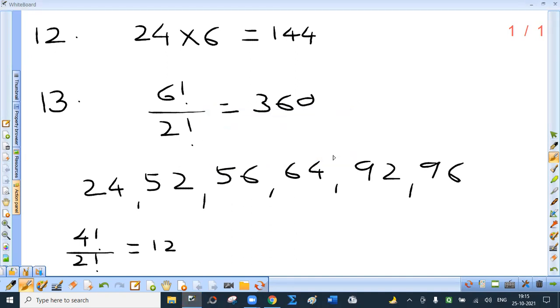Next line. Number formed will be divisible by 4 if last two digits are 24, 52, 56, 64, 92, 96.